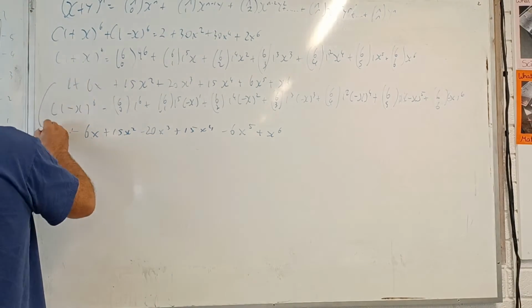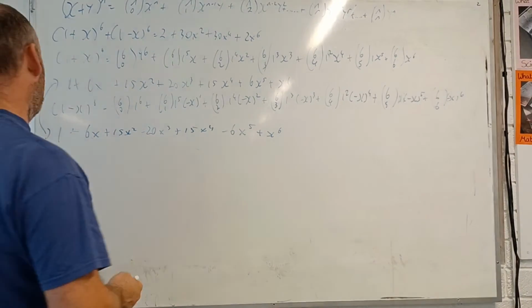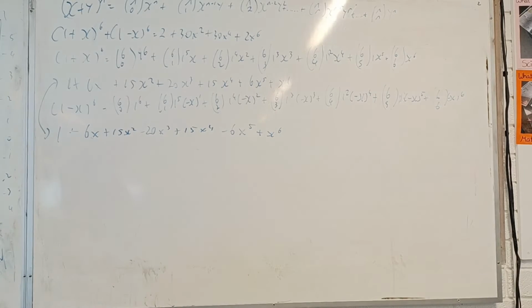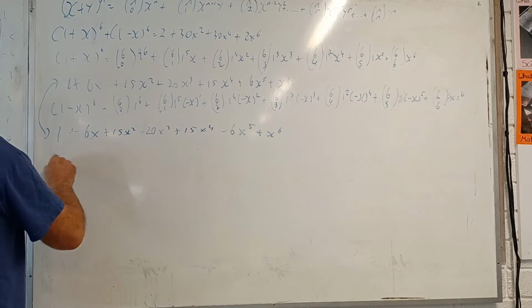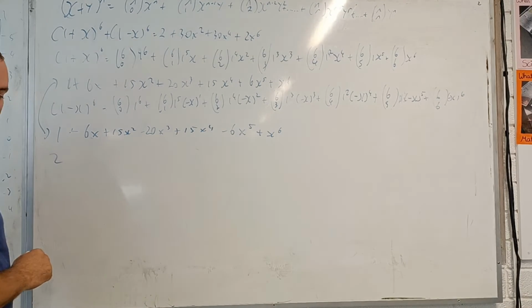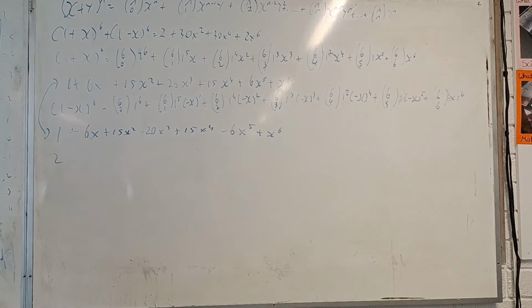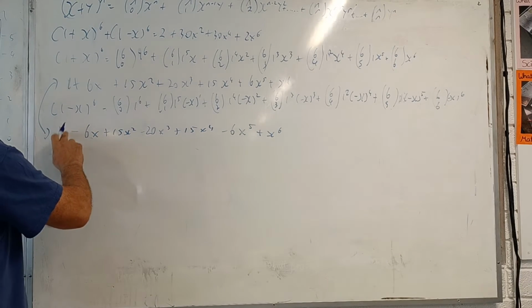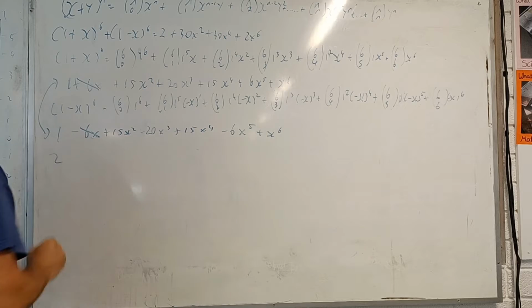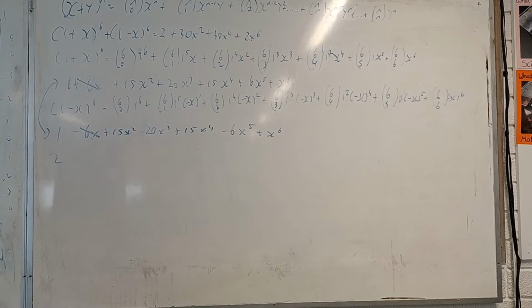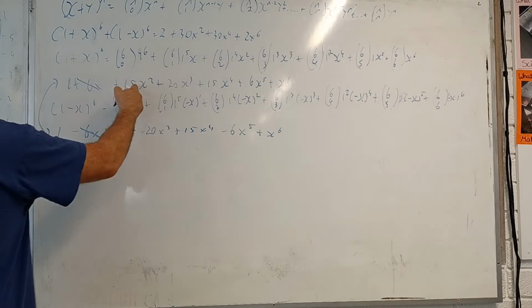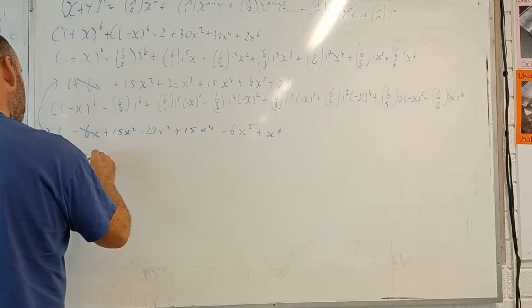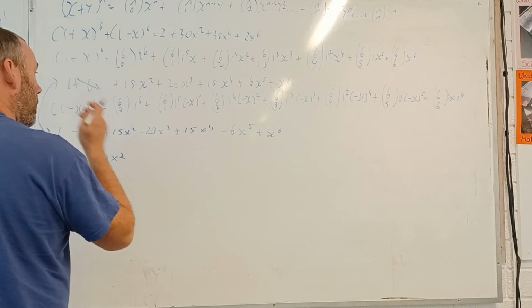So this and this. So we'll start off, well, 1 plus 1 is 2. Now, we have 6x minus 6x, so that's gone. Okay? And then we've got 15x squared plus 15x squared is plus 30x squared.